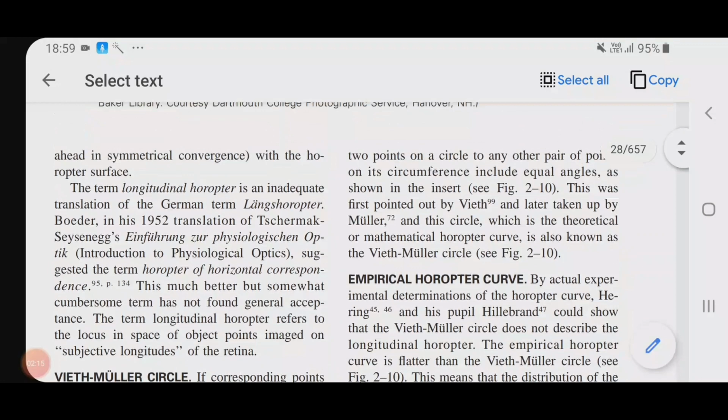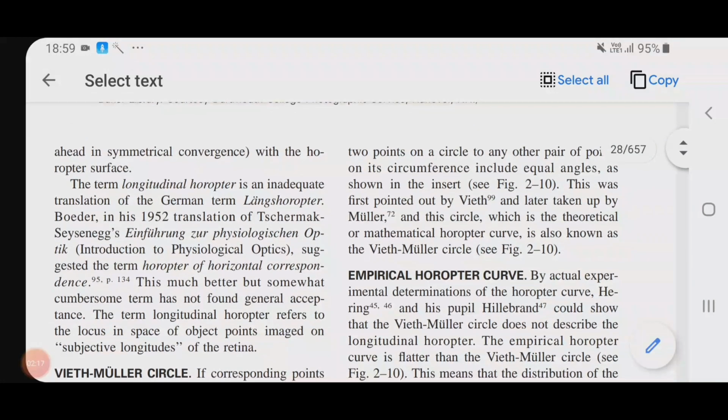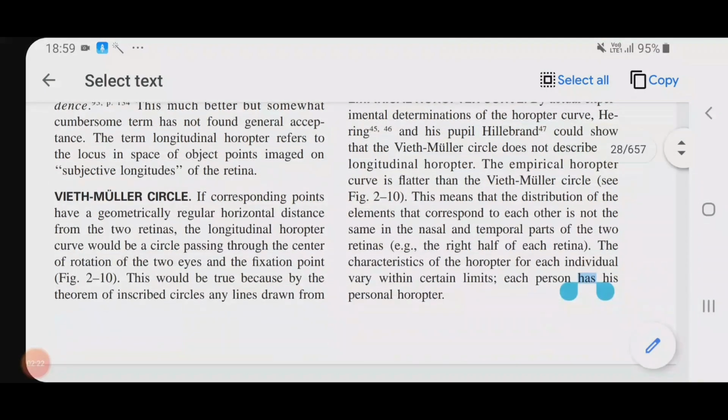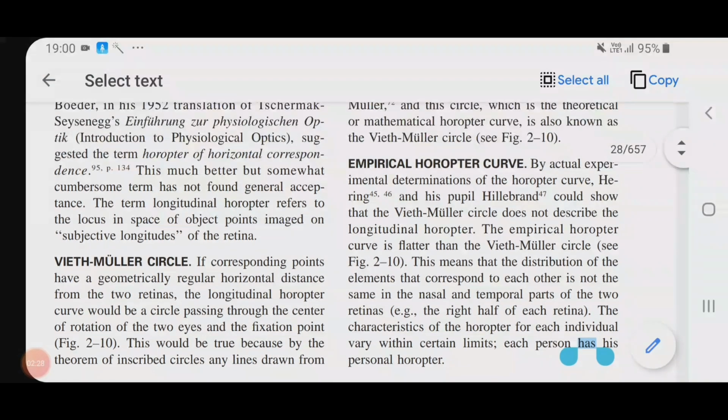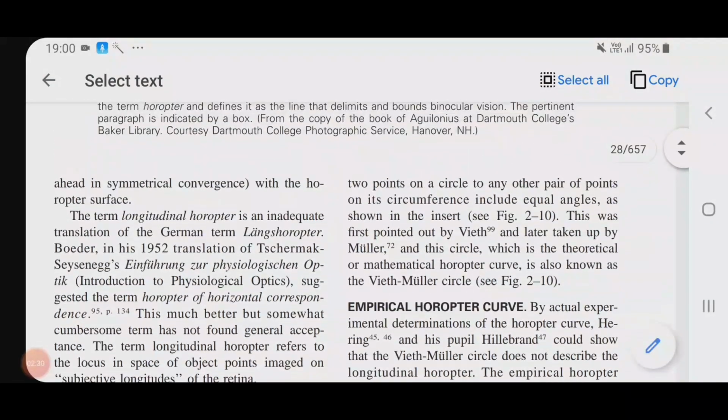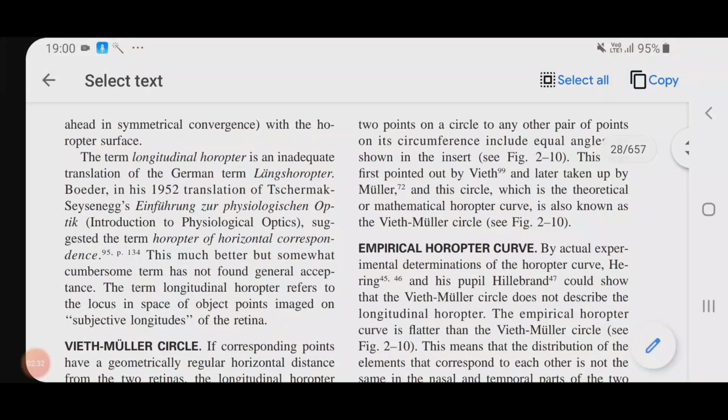This was first pointed out by Vieth and Müller. This Vieth-Müller circle would be true because by the theorem of inscribed circles, any lines drawn from two points on a circle to any other pair of points on its circumference include equal angles. So that is our Vieth-Müller circle.